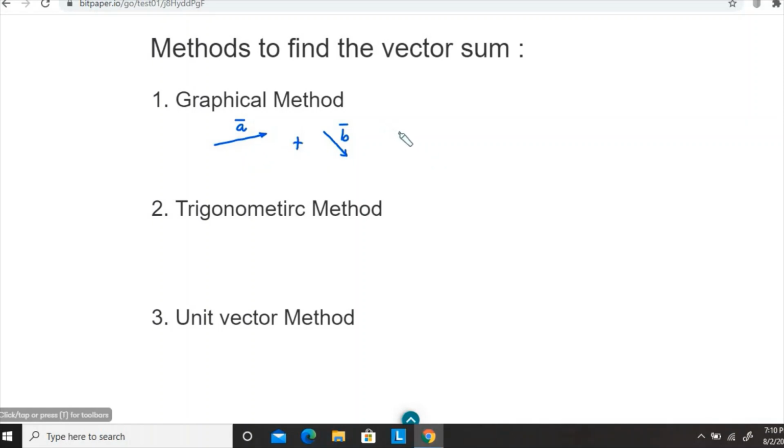So in the graphical method, what we do is that we connect the head of one vector to the tail of the other vector. So that's where sliding vectors are very important.